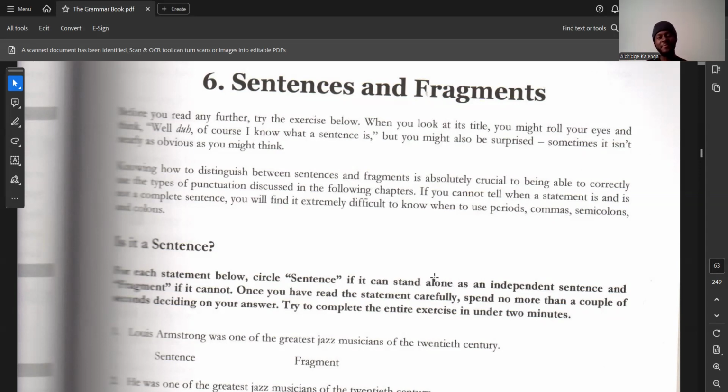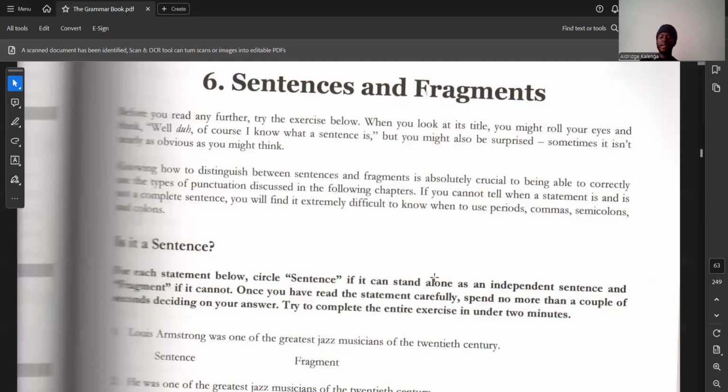So don't get thrown off by some of these definitions, and just give it your own understanding. I'm going to put my own twist on it. Sometimes I like to think of a fragment as when someone says something and I'm expecting more information, it's most likely a fragment.